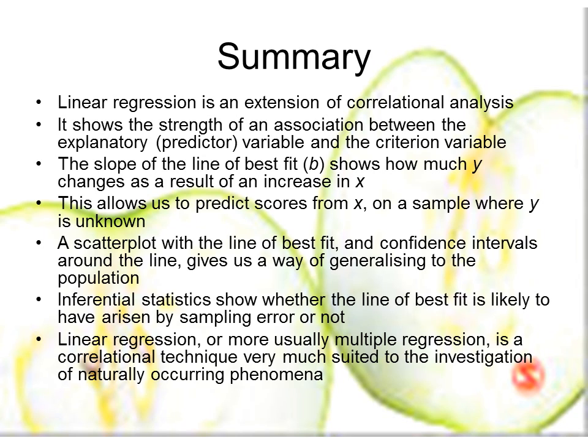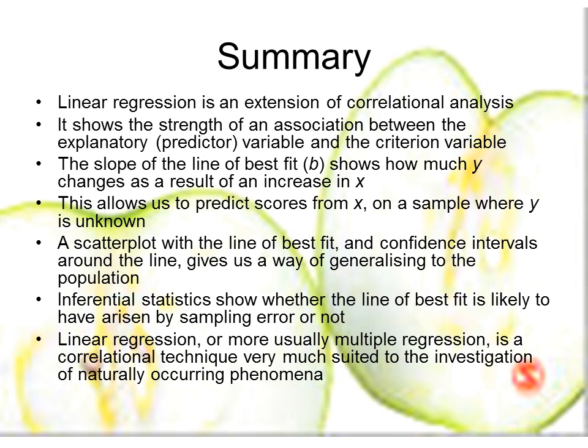We identified the slope of the line of best fit, which shows how much y changes as a result of the increase in x. It allows us to predict scores from x on a sample where y is unknown.